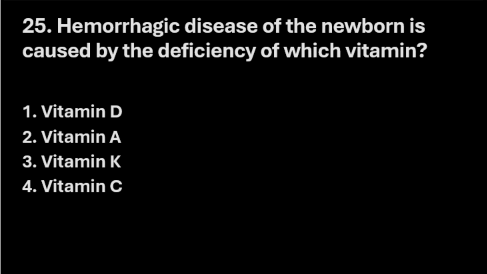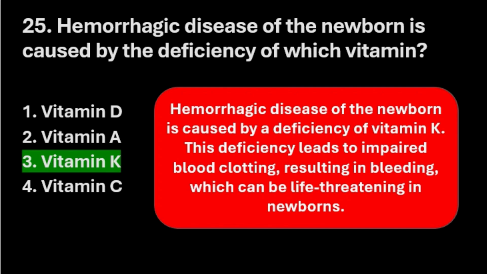Option 1 vitamin D, option 2 vitamin A, option 3 vitamin K, and option 4 vitamin C. The right answer here is option 3 vitamin K. Hemorrhagic disease of the newborn is caused by the deficiency of vitamin K. This deficiency leads to impaired blood clotting, resulting in bleeding, which can be a life-threatening condition in newborns.